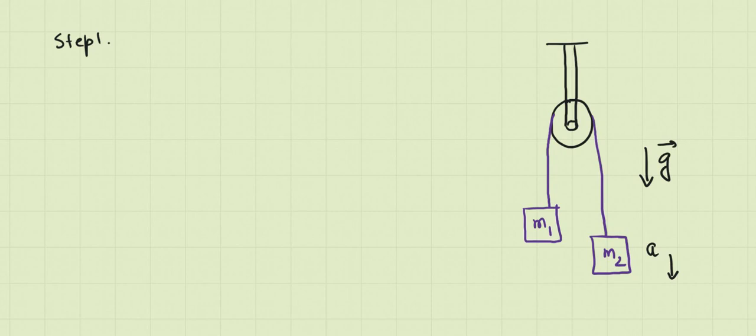Okay, if that is the case, we need to set up a coordinate system. So step 1, set up a coordinate system. Let us choose the coordinate system to be, this is a one-dimensional system if you really understand the situation. So let the upward direction be y, or rather the positive y direction.